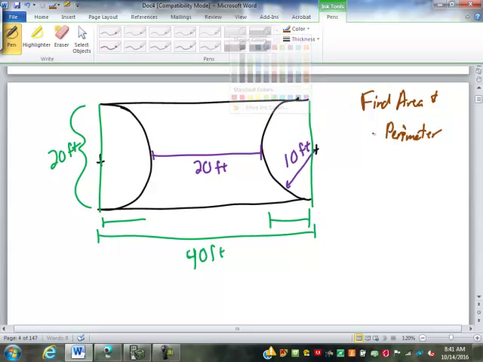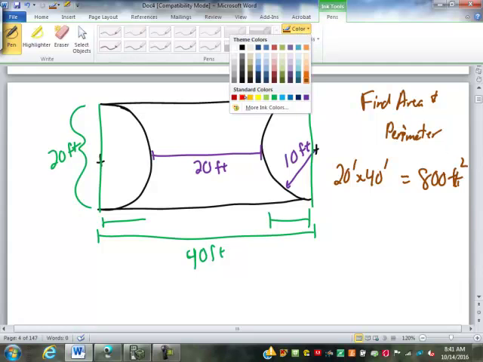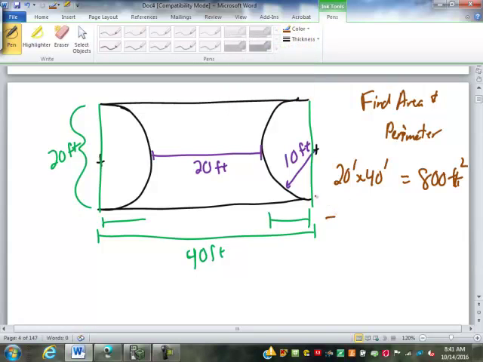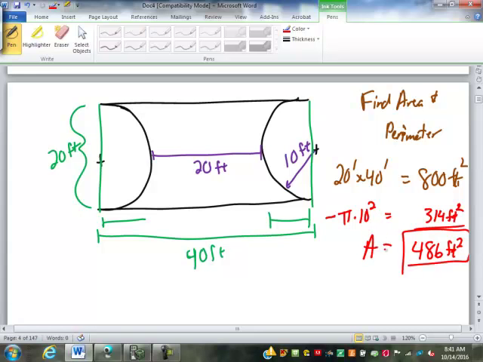So that area is 20 feet times 40 feet, or 800 square feet. We have to subtract out that circle. If I put those two pieces together, I get one circle. It's pi times 10 squared, or 314 square feet. Right? So that subtracts to give me 486 square feet. Make sense so far? So that's our area.